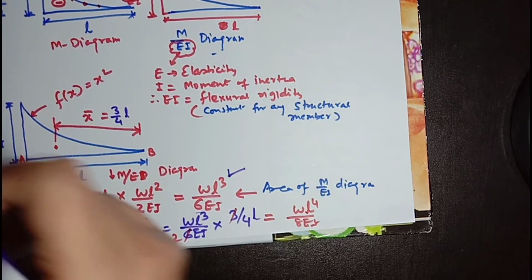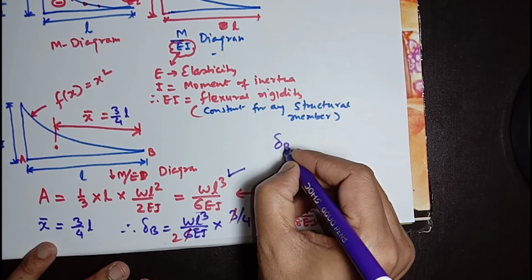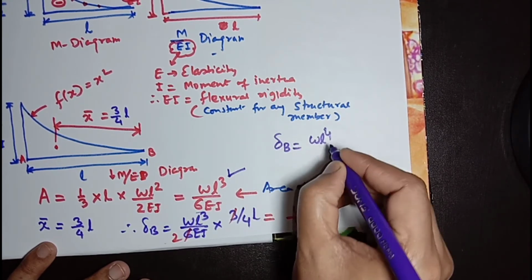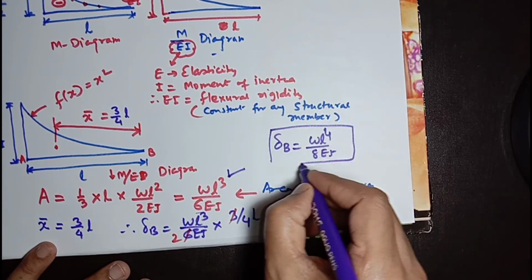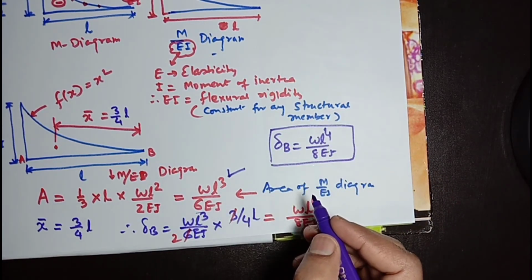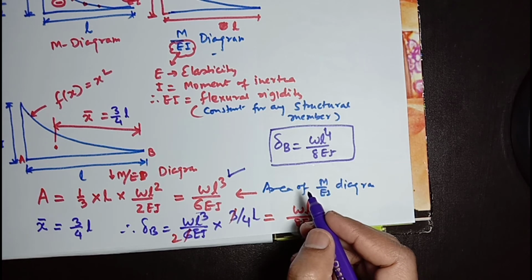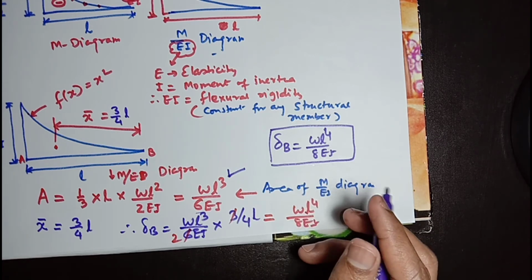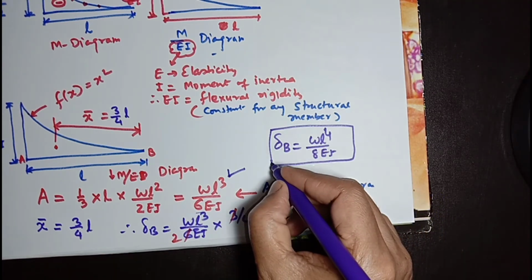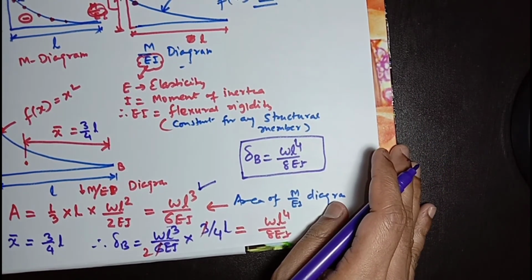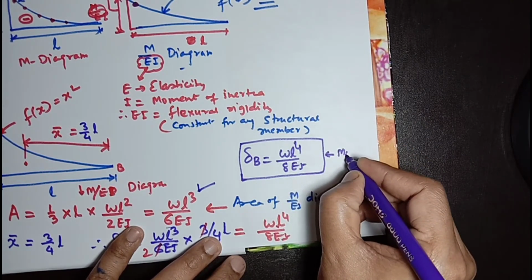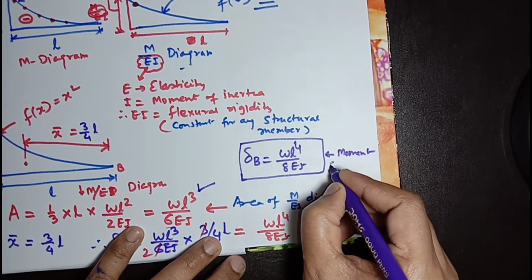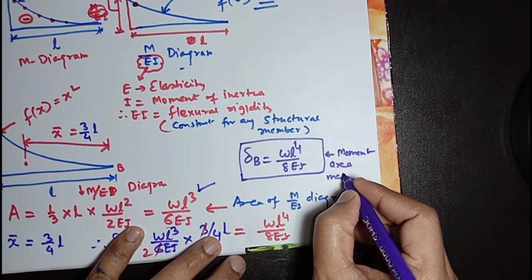Hence delta B will be WL to the power 4 by 8 EI, which is the deflection at the tip of this cantilever beam subjected to a uniformly distributed load, calculated using the moment area method.